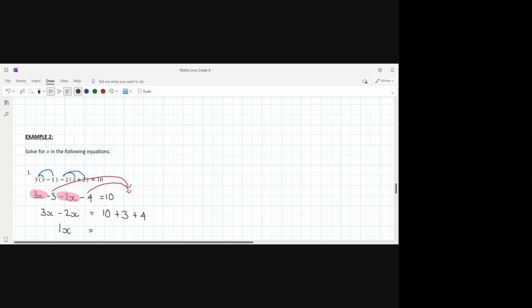If I add it all together, that's it, guys. 17. Everybody has got it spot on. x is equal to 17. And remember, I don't actually have to have the 1 there. I was just being spicy. The answer says x is equal to 17.